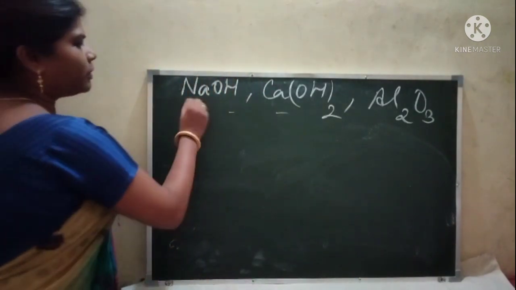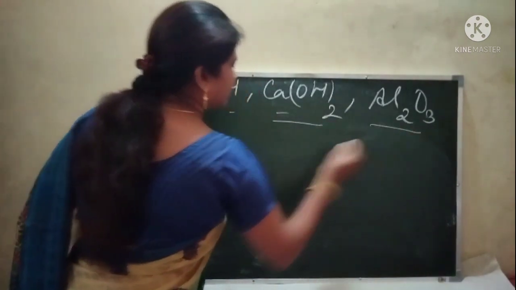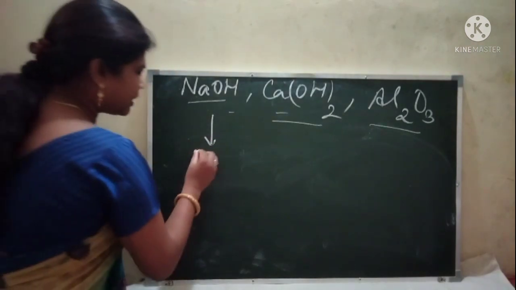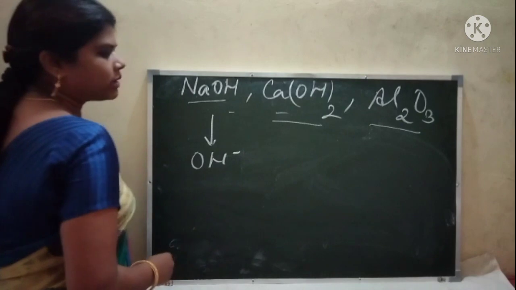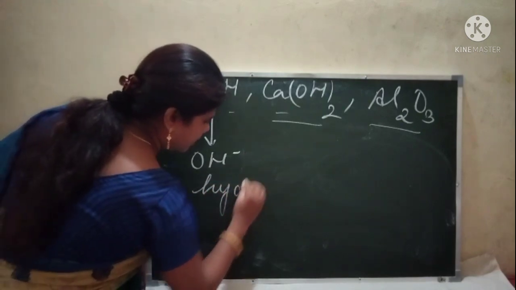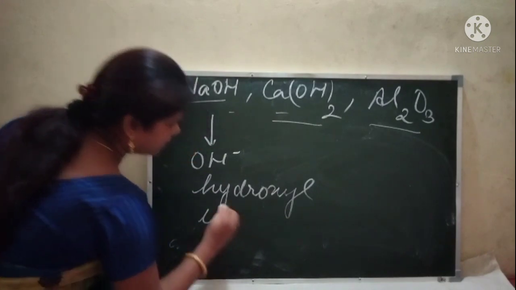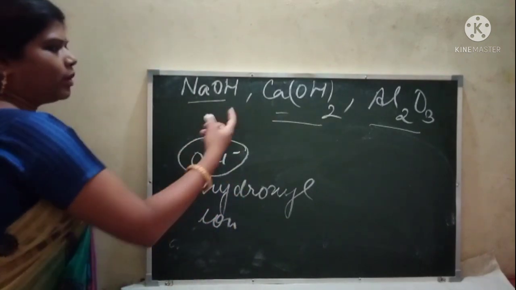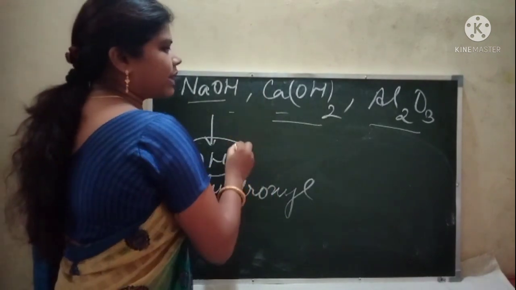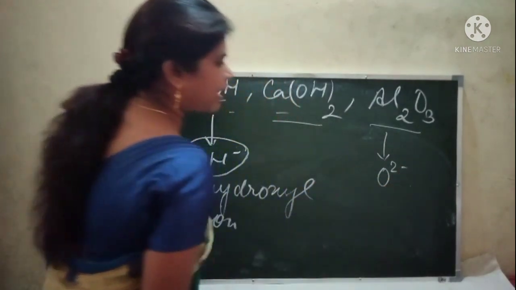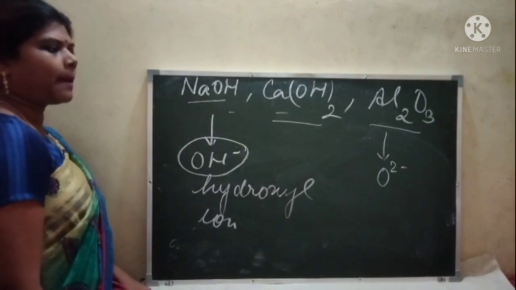Now from this we can say that bases are substances which give hydroxyl ions. This is the hydroxyl ion. So a metal hydroxide will give hydroxyl ion, or it gives oxide ion, so that means it is a base.